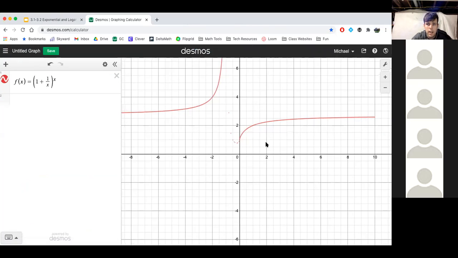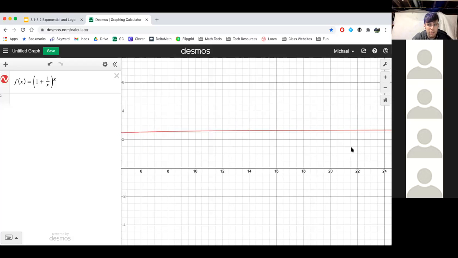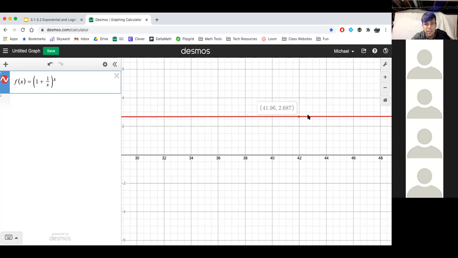But what we're really concerned about as we go arbitrarily far out, it looks like it's flatlining at a particular value, and you can see that E is about 2.72 if we round it up. You can see that it's pretty close. These aren't very big numbers yet. I mean, we're only in the 40s.